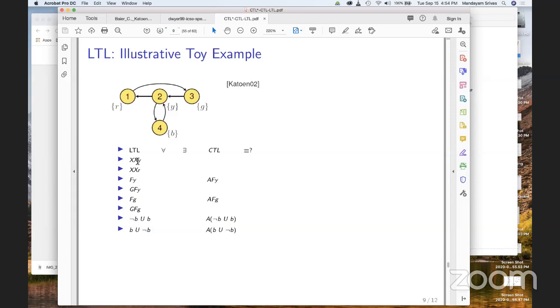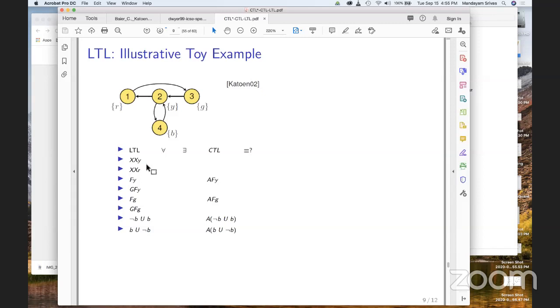Now, how do you construct a formula for X of X of Y in CTL? Obviously, if you put an A at the topmost level, that's not a CTL formula, correct? Because that violates this restriction that every temporal operator has to be immediately preceded by a path quantifier, okay?